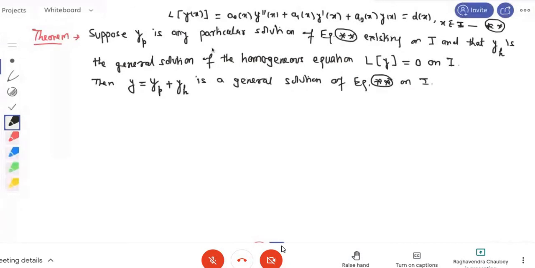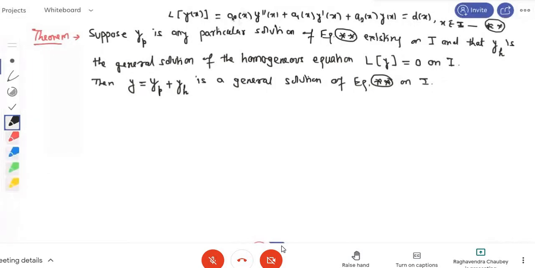So you know that if we take any second order linear homogeneous differential equation, this means a0(x) y double prime of x plus a1(x) y prime of x plus a2(x) y(x) equals 0. Here we call this differential equation homogeneous if d(x) equals 0 and a0(x) is not equal to 0.